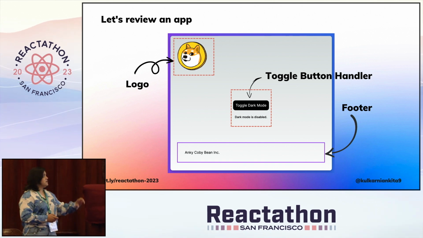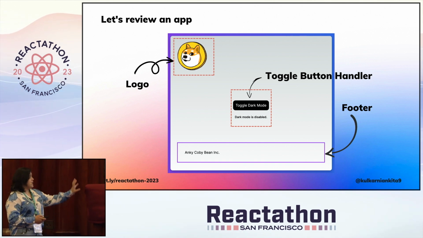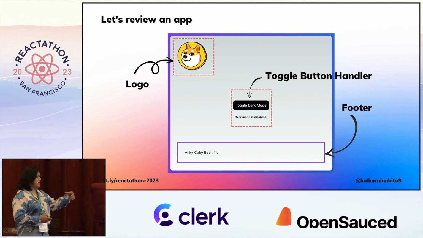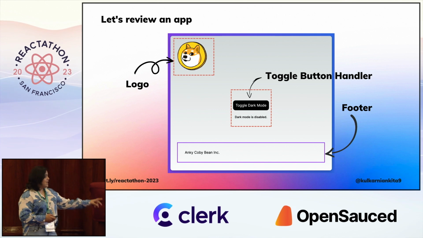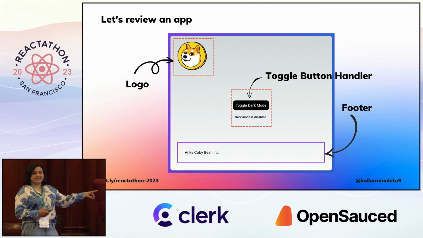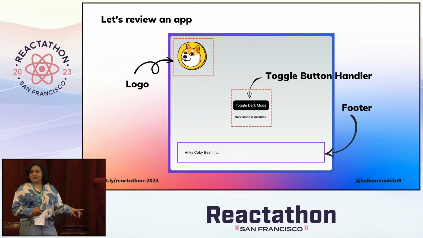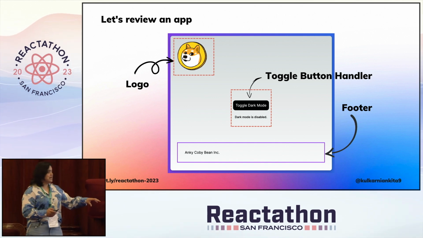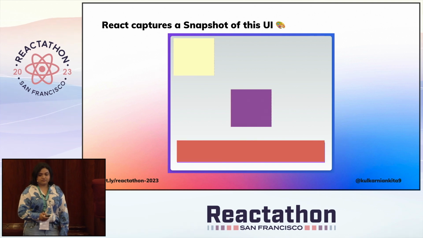And this is the architecture of the app. We have the logo, we have the dark mode, we have some text that says dark mode enabled or disabled. And we also have a footer called Anki Kobe Bean Incorporation. Now, if you want to know why that is the name of my company, please come find me later, because that will be a really good story to talk about. But yeah, that is the footer component in general.